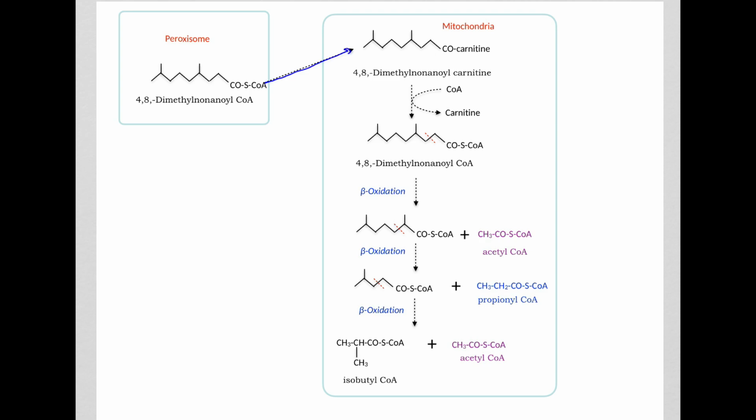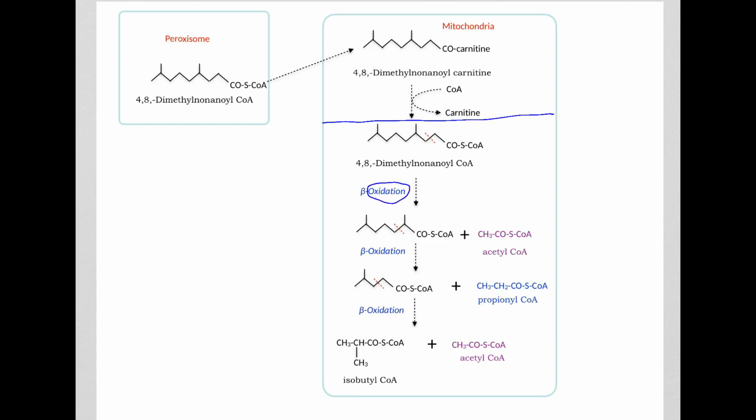And as before, to transport the fatty acid into the mitochondrial matrix, we need carnitine. So carnitine is required. And so what we get is 4,8-dimethyl-nonanyl-CoA transported into the matrix by the carnitine transport system. And once it's in the matrix, it undergoes beta-oxidation.